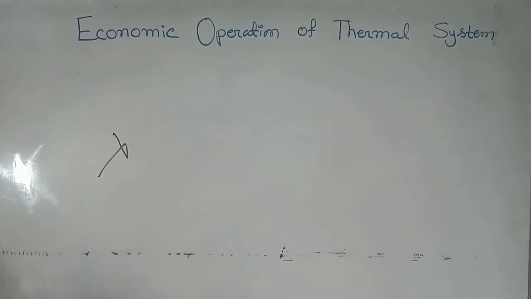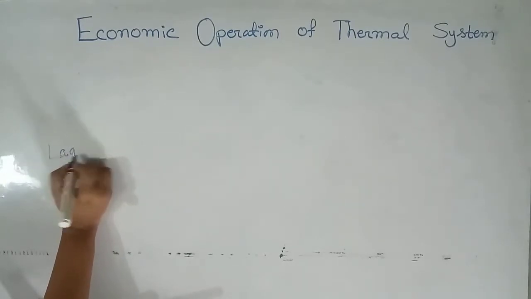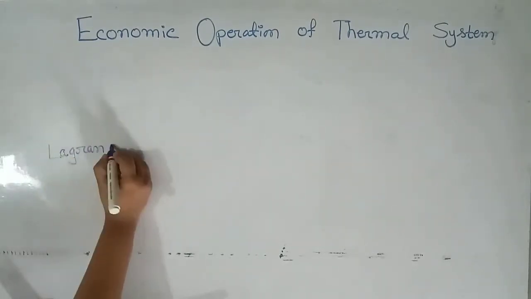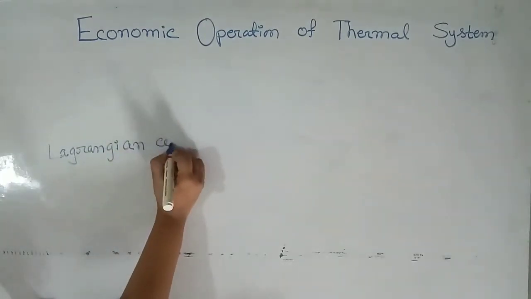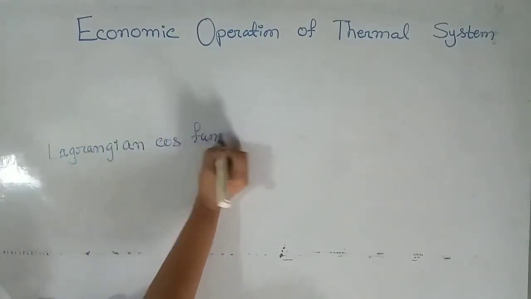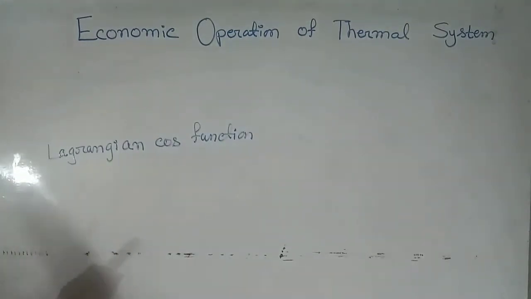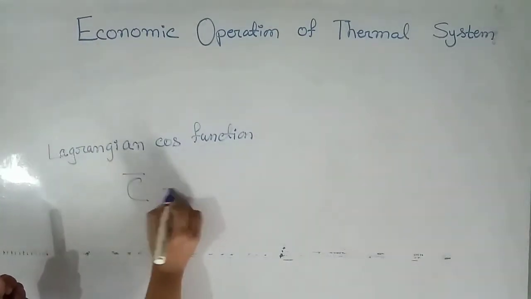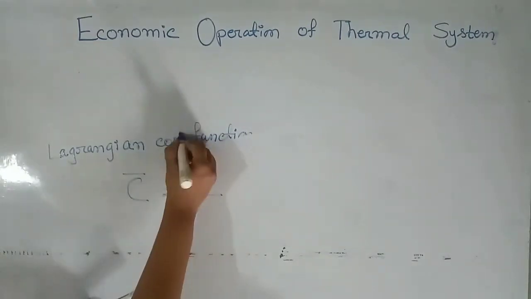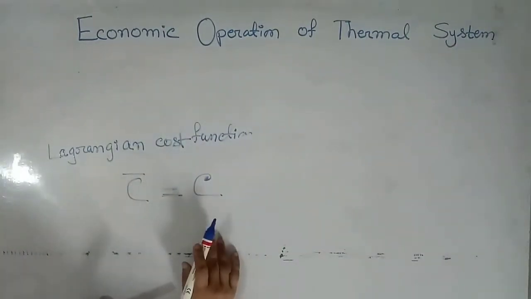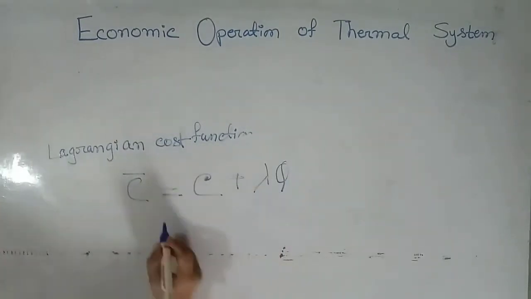Okay, so we can write the Lagrangian function C bar equal to cost function C plus lambda into constraint function.